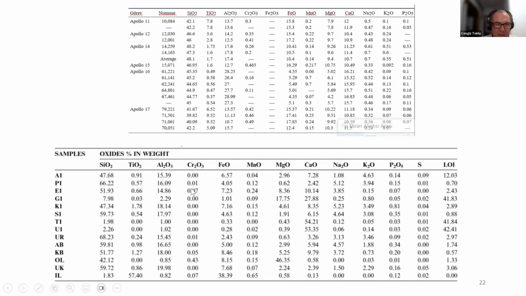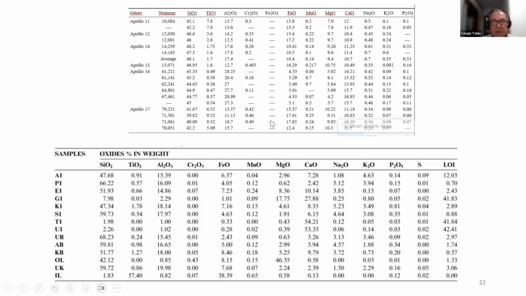Then the problem is to make a combination of these elements to samples taken from different parts in Turkey, and make a combination such that, for example, the chemical composition will be close to this one.